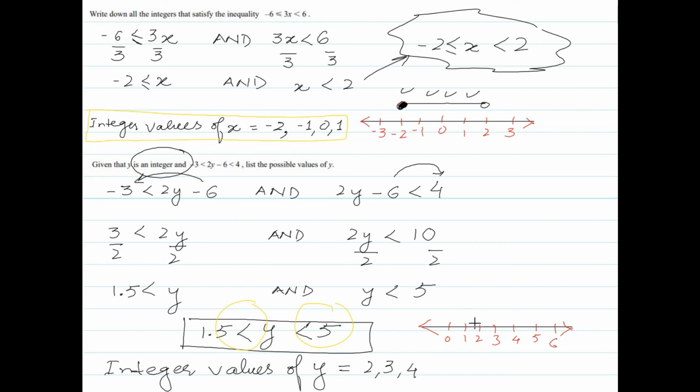It will be somewhere here. So let's suppose this is 1.5. So your answer starts from 1.5, excluding 1.5. It's not included, no equal to sign. And your answers end at 5. So you can see the integer values in between. There are 2, 3, and 4. So these are the 3 integer values. So this is the way you're going to solve the compound inequalities. Thank you very much for watching the video.